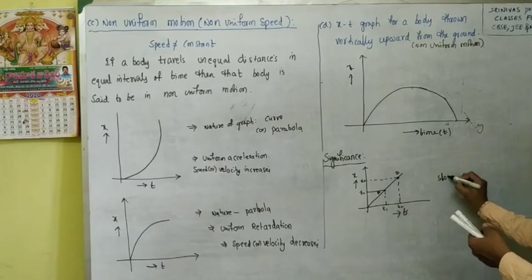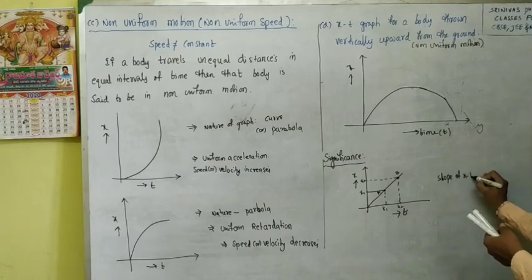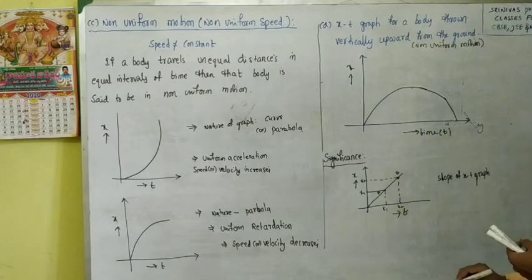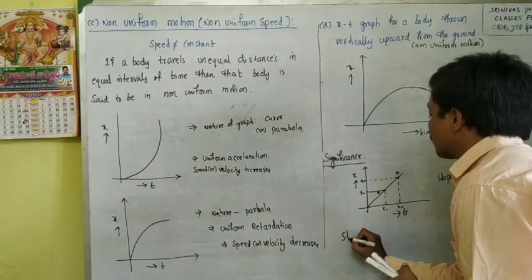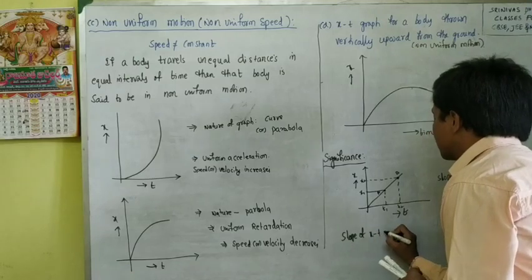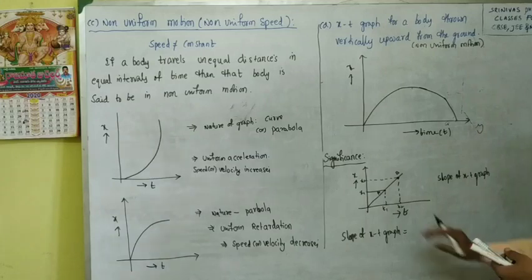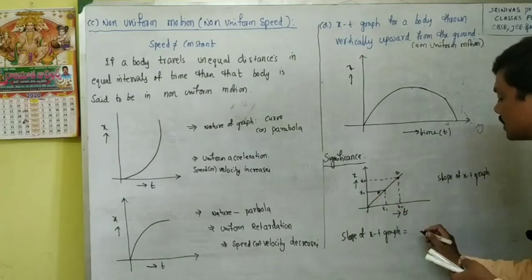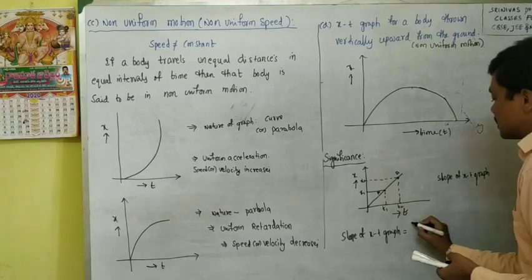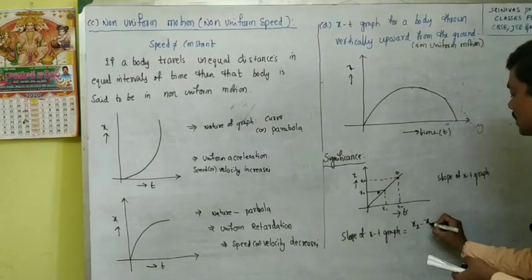There is one formula in mathematics, the slope. Slope of the xt graph, I want to find out. Then what is the formula for the slope of the xt graph? The slope is equal to difference in y coordinate by difference in x coordinate. You remember the slope formula. Difference in y coordinate is x2 minus x1.